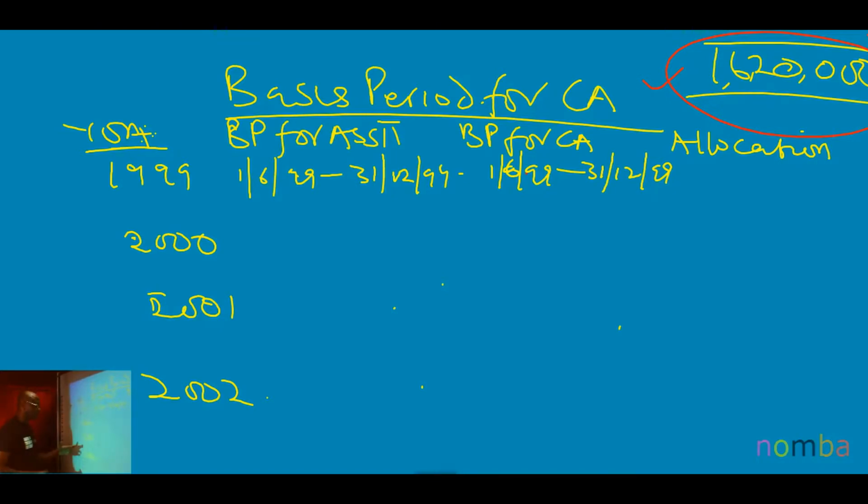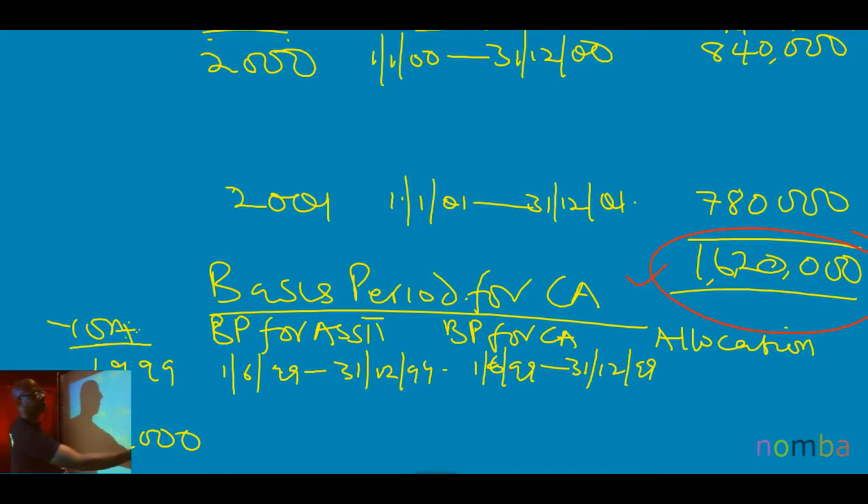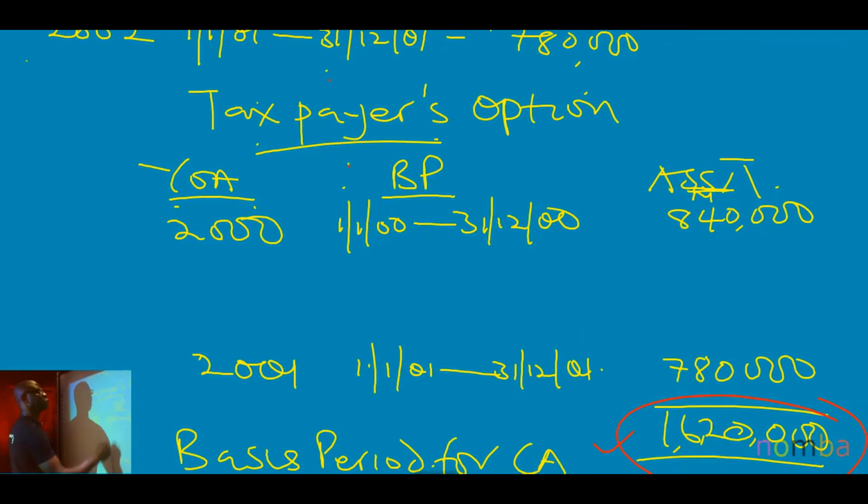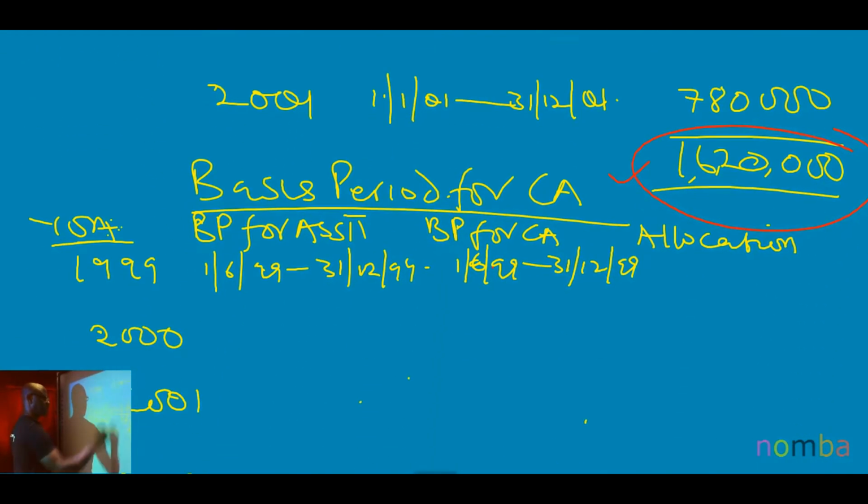Now for the second and third year, take note here. The basis period will depend on which one we picked. Did we pick the taxpayer's option or did we pick the normal assessment? In this case, when we were looking at the figures, let's go back to that place. When we were looking at this figure, 1,620,000 compared to 1,590,000, we said he should not opt for his right.